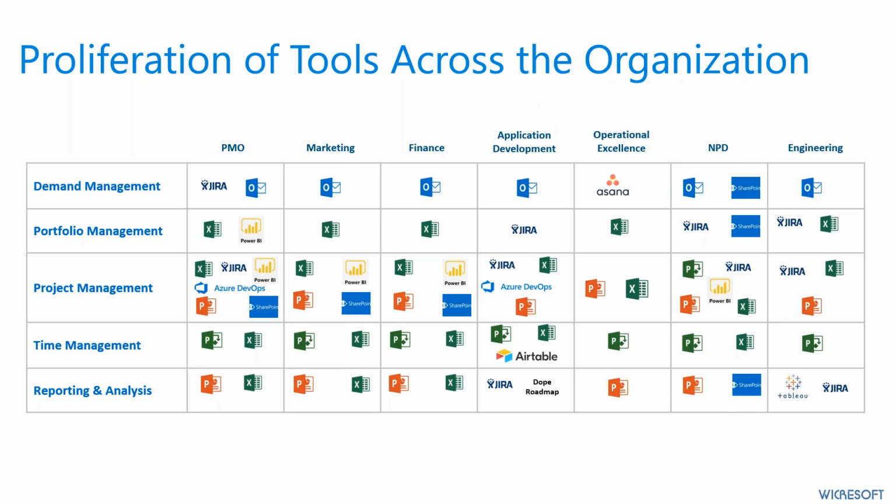You can see that the mix of tools used just in this discipline of project and portfolio management can become very voluminous and very disconnected, with a lot of silos of information that needs to be aggregated at some point in time. So it's another challenge that's hitting organizations, the proliferation of these tools.